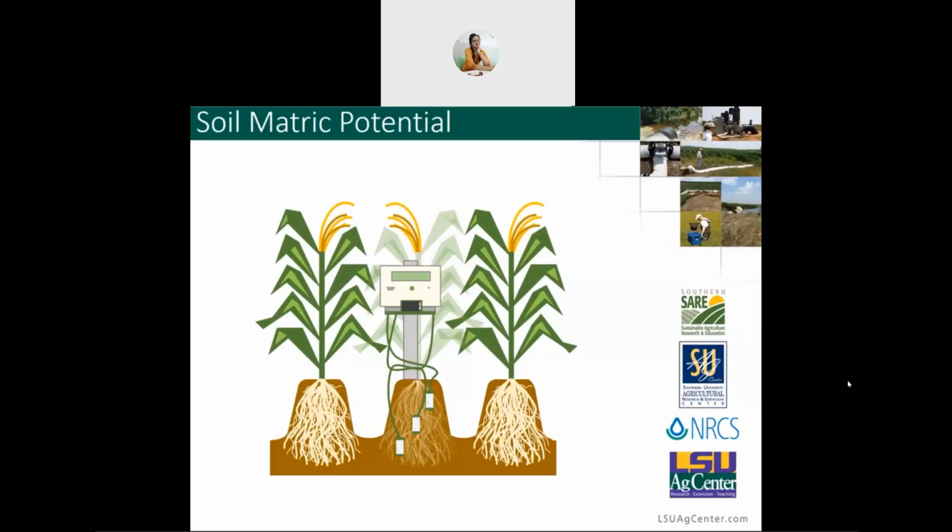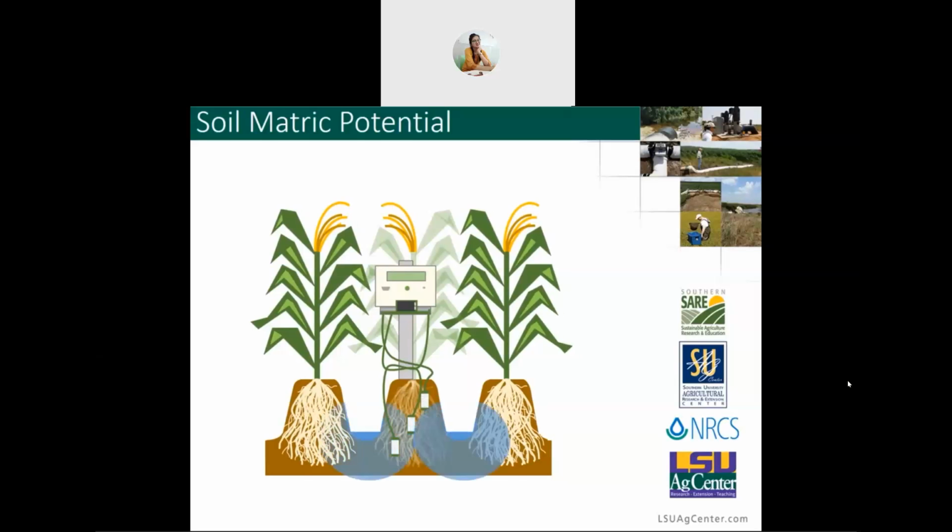But as the crop grows and becomes more mature, you may look at the 12, 18 to 24 inch range to make your decisions. And so you can see how in this example, those 3 sensors would read 3 different amounts of water, and they would all be accurate in that reading.